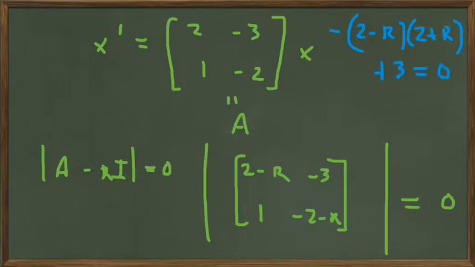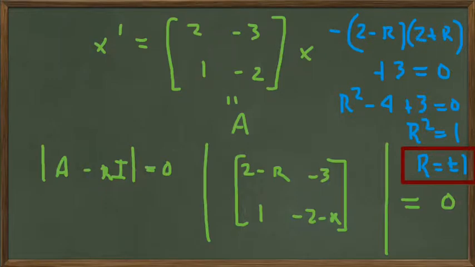We collect terms. This product here is 4 minus r squared. There's a negative sign out front, so it's r squared minus 4 and then plus 3 equals 0, or r squared equals 1, or r equals plus or minus 1. So those two solutions right there are the eigenvalues.